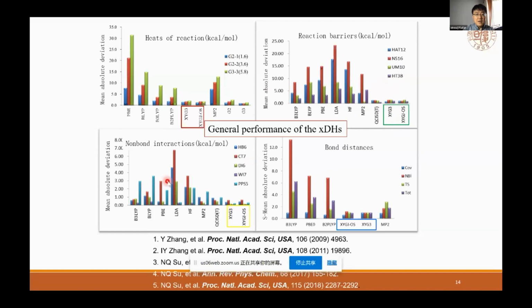Here is the functional performance for non-bonded interactions, which are very important for describing CO2 capture. We have examined hydrogen bonding systems, charge transfer systems, dipole interactions, weak interactions, and pi-pi stacking. Again, the results from XDH are very satisfactory, approaching the QCISD(T) results.